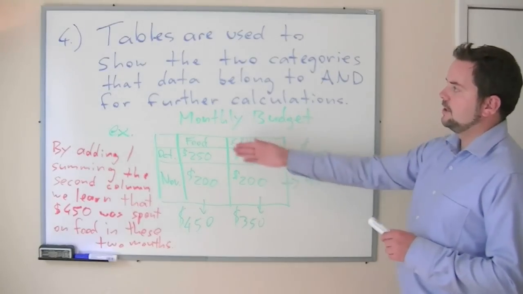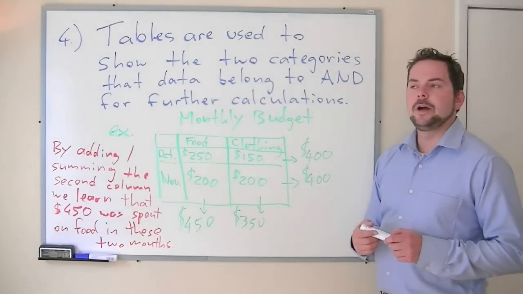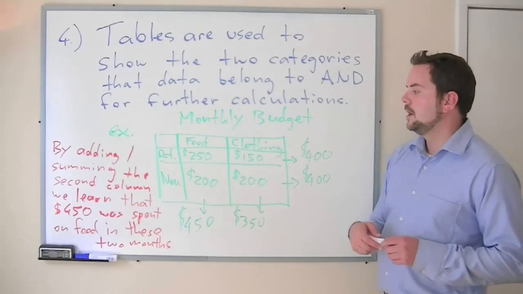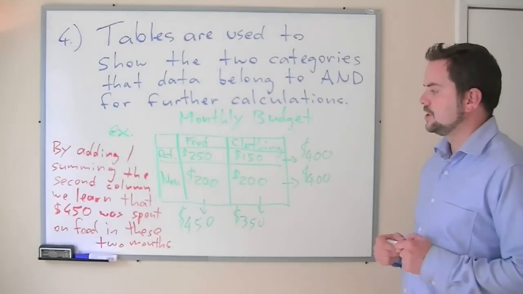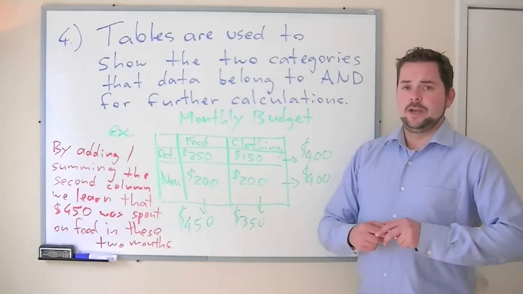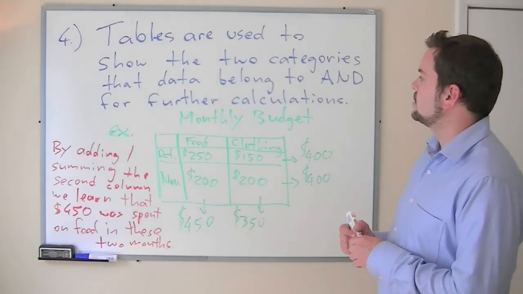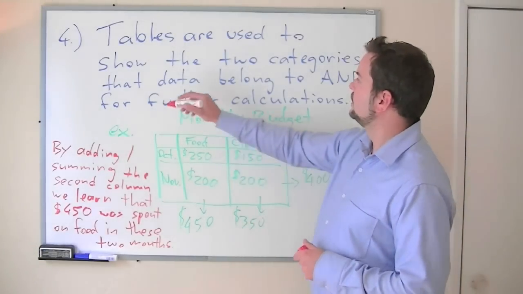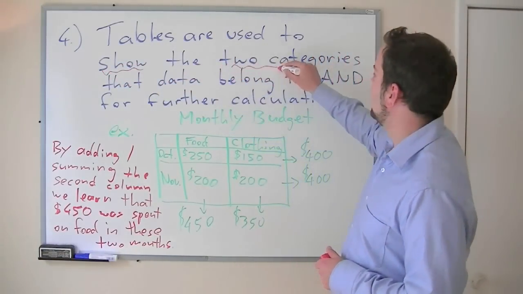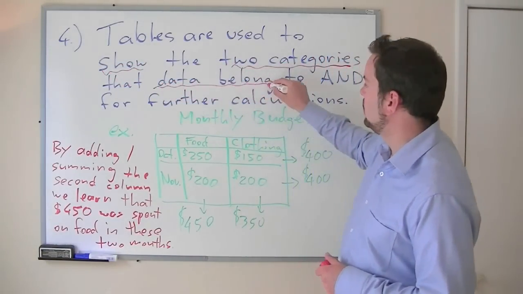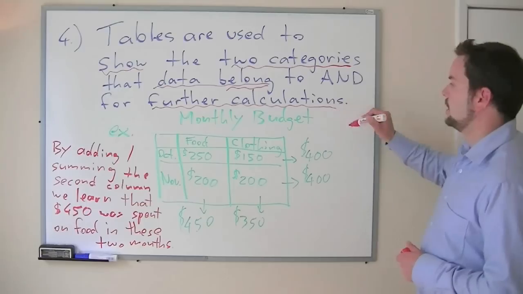By simply comparing the data with each other, it may be difficult or very weak to write 150 words, but by doing further calculations, the information becomes much more interesting and will likely get a better score or a better grade. So remember, tables are used to show 2 categories that data belong to, and for further calculations.